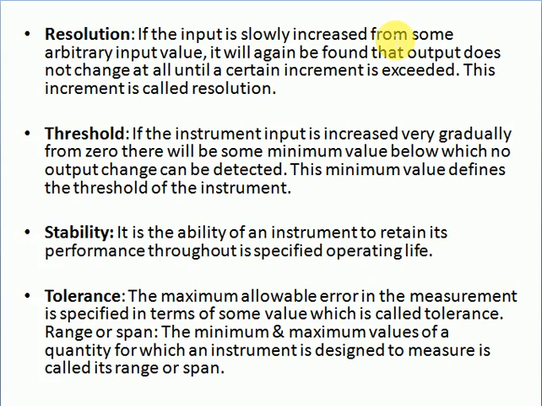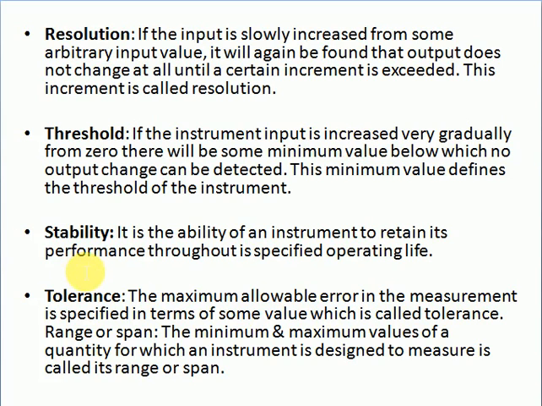If the instrument input is increased very gradually from zero, there will be some minimum value below which no output change can be detected. This minimum value defines the threshold of the instrument. So resolution is the minimum change we must make in the input so that the instrument responds and the output changes, and threshold is the minimum input required before any change appears in the output.